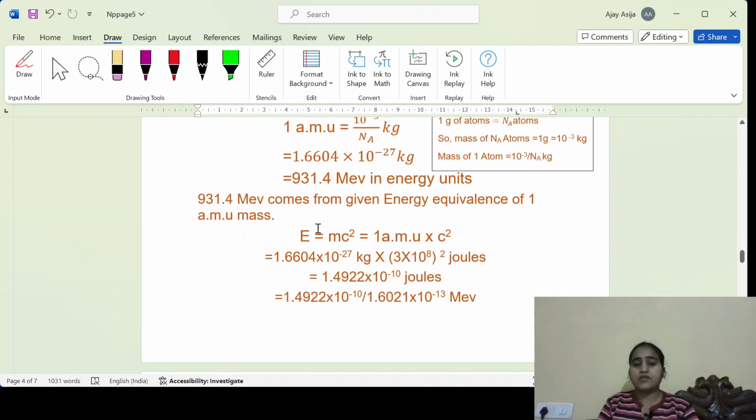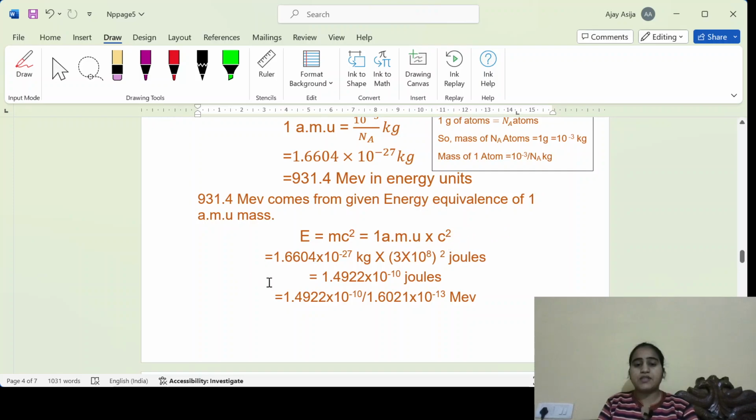We know the mass-energy formula: energy is equal to mc square. m is the mass of the atom and c is the velocity of light. So the mass is one atomic mass unit, multiplied by c square.